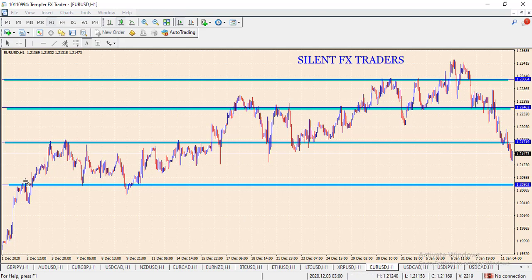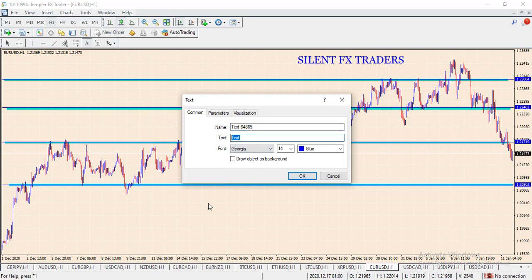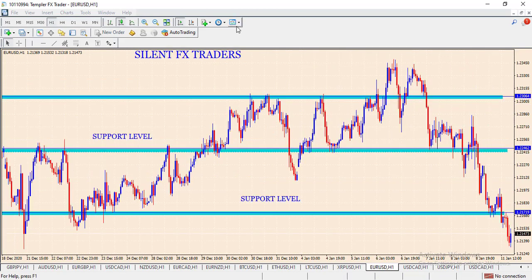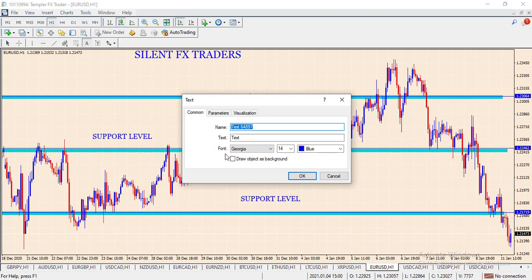Where the price was supported at the lowest point, as we said in our notes, this becomes our support level. This is our support level. So this is our support level. This is also our support level. Now, where the market was previously supported at the highest point, this becomes our resistance level.